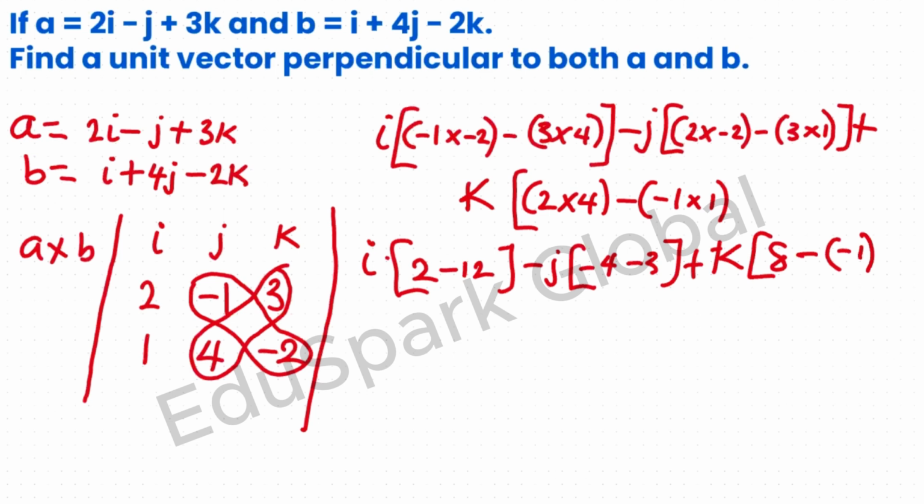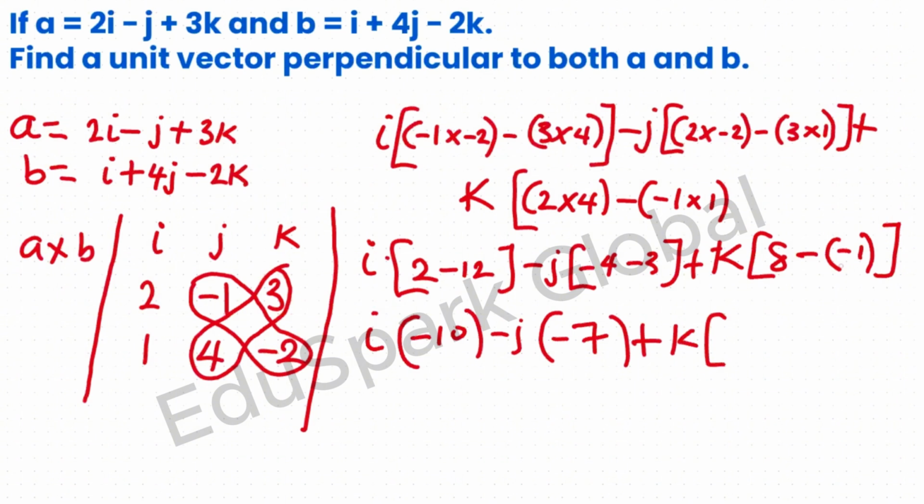So we have i into 2 minus 12 gives -10, minus j into -4 minus 3 gives -7, plus k, 8 minus times minus gives +1, so 8 plus 1 gives us 9.